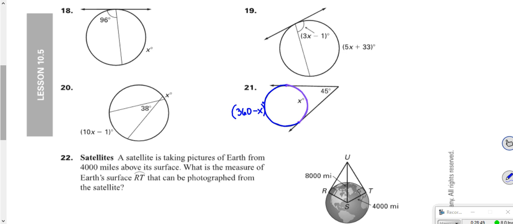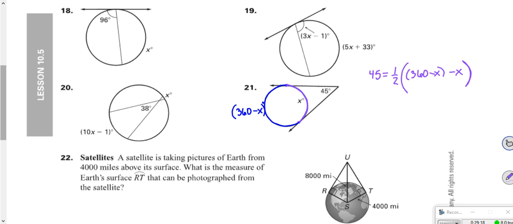Again, same kind of setup as we had previously on 16, but we're going to have 45 equals 1/2 the difference. Remember, we're subtracting here because it's an external angle. 1/2 the difference of 360 minus x minus x. Now, I know I have kind of like little parentheses inside bigger parentheses.